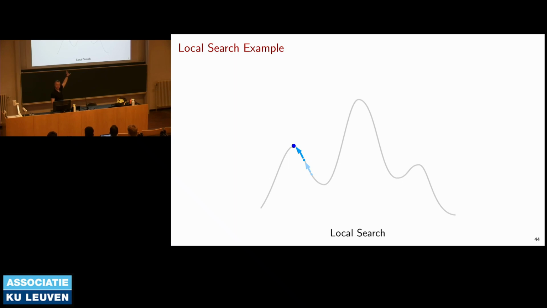At that point, we're going to be stuck with local search, because none of the small changes we can make will get us away from this, because they will always show us something that is worse than the peak we found so far. So we do a random perturbation or a random restart in a different part of the space, and here we get lucky, and we're now on the slope that will eventually lead us to the global optimum here.